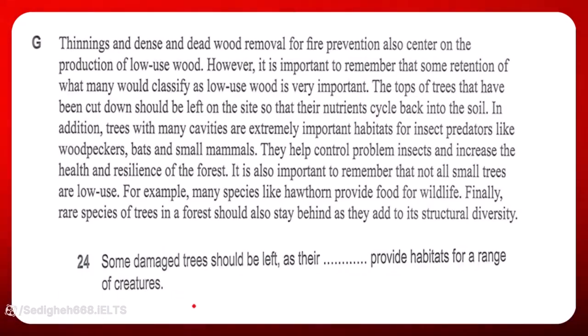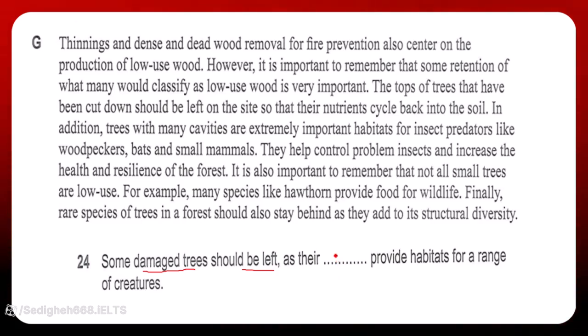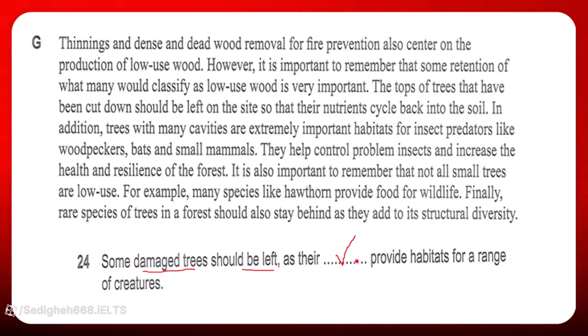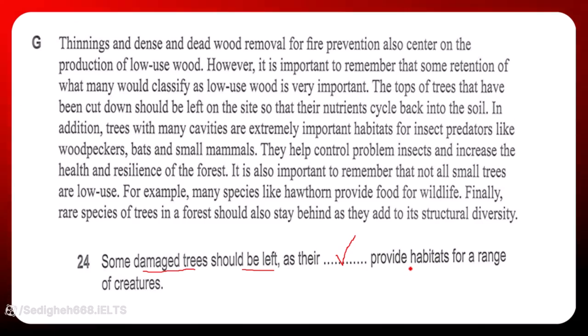Question number 24. Some damaged trees should be left as they provide habitats for a range of creatures. What are the keywords? Damaged trees should be left as there, again we have to use a noun here, provide habitats for a range of creatures.